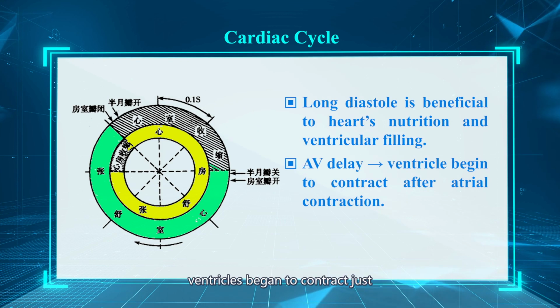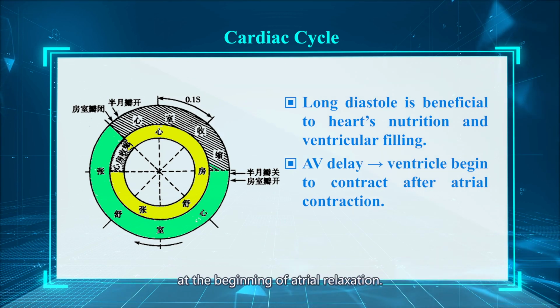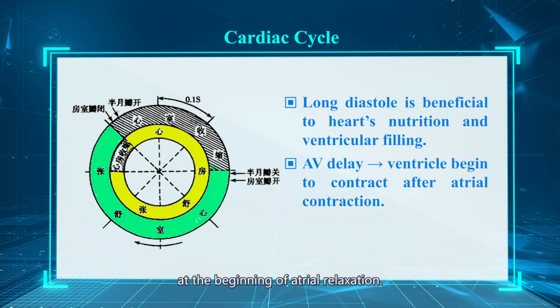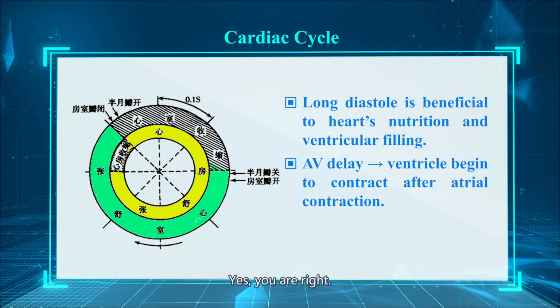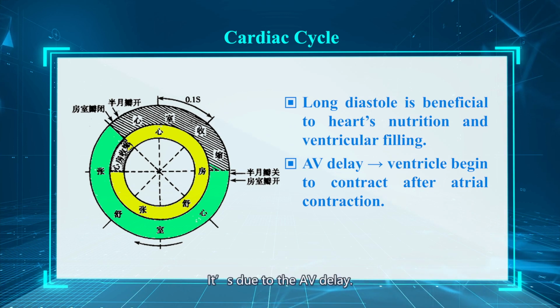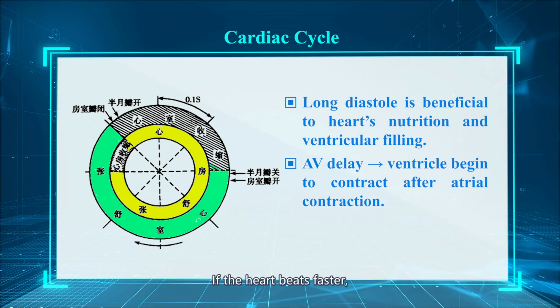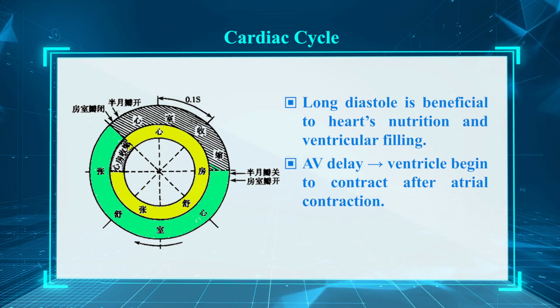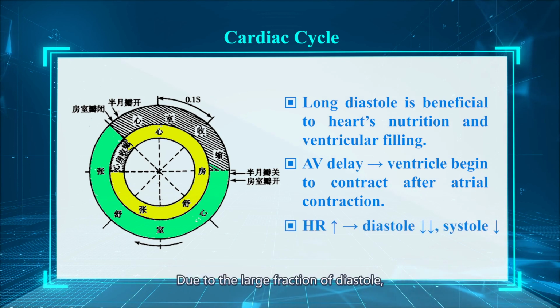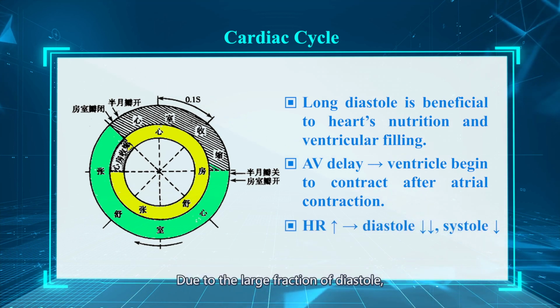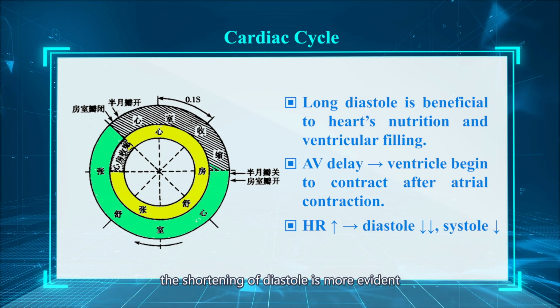Ventricles begin to contract just at the beginning of atrial relaxation. What's the reason? Yes, you are right. It's due to the AV delay. If the heart beats faster, the cardiac cycle would be shortened. Due to the large fraction of diastole, the shortening of diastole is more evident.